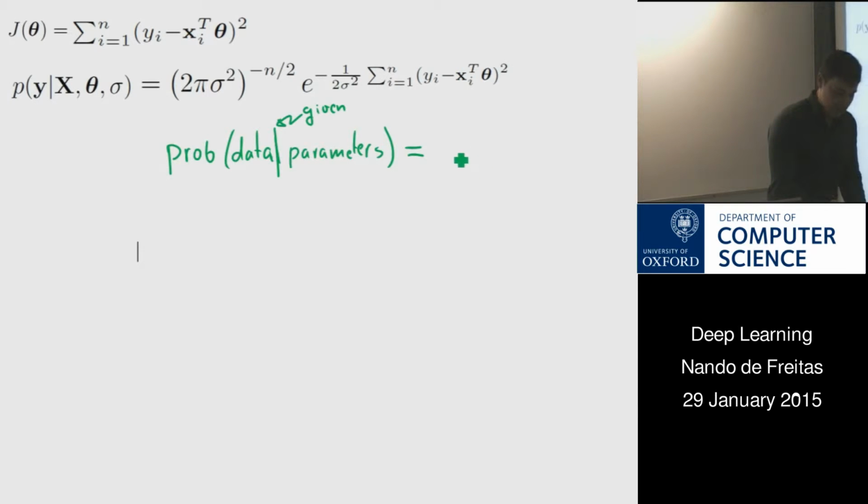That can always be written as 1 over some constant, which we typically call z. That's the standard notation for the normalizing constant. It's the constant that ensures that things sum to 1, so that you have a probability distribution over the data. E to the minus loss of data and parameters.